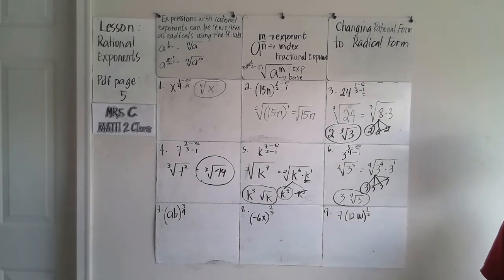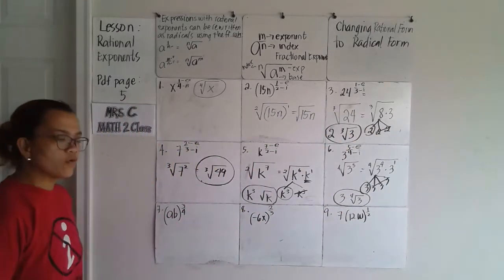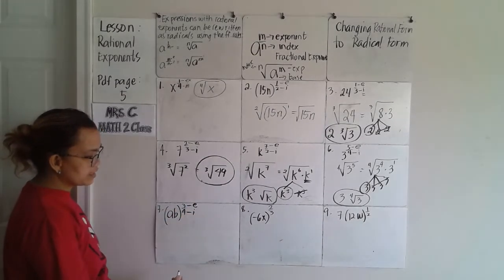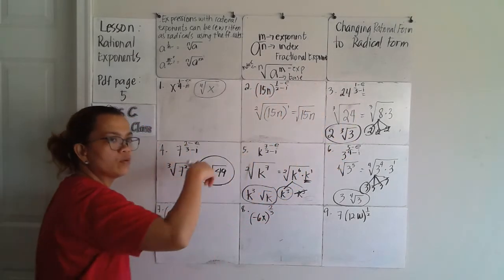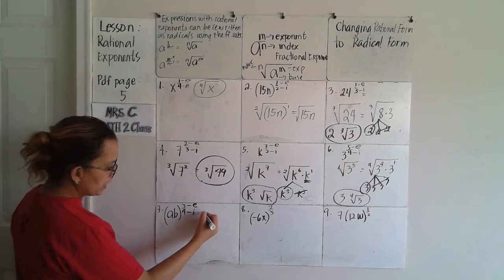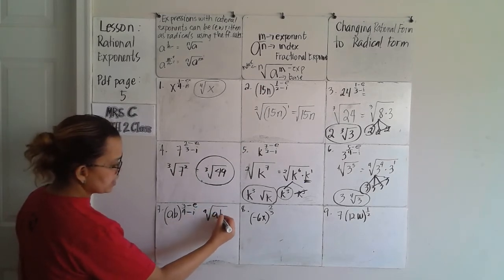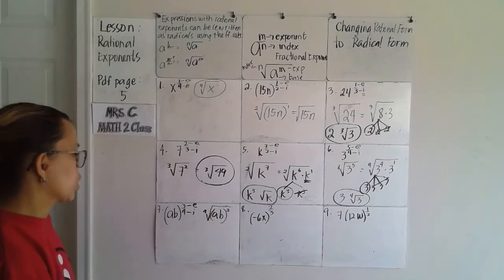Next, number 7. For number 7, it's AB raised to 3/4. Again, this is your exponent. This is your index. As I said, I'm not tired of putting those labels in order for you to remember it. Now, we will have the 4th root of AB raised to the 3rd power.